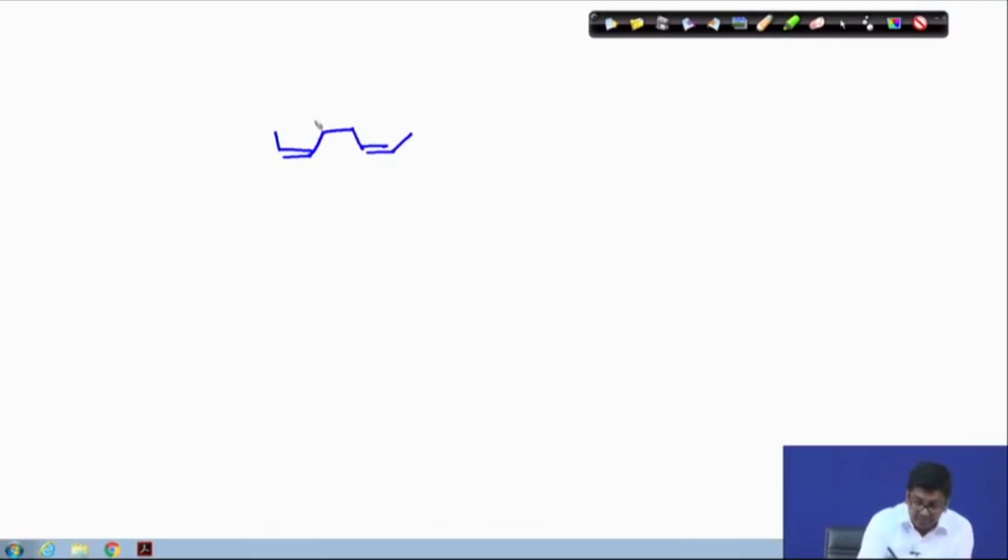let us say we have this protected diol. This is a C2 symmetric diene.